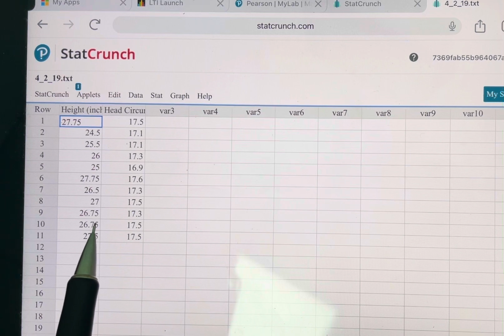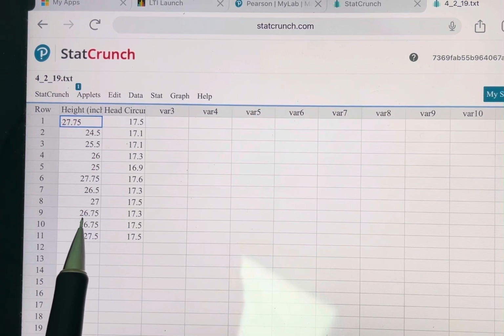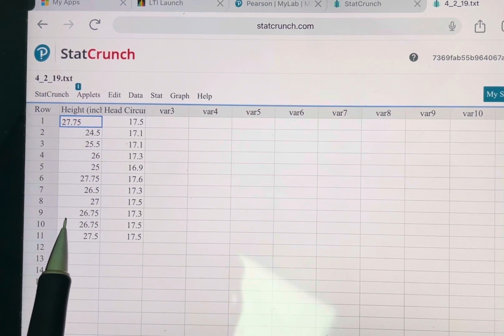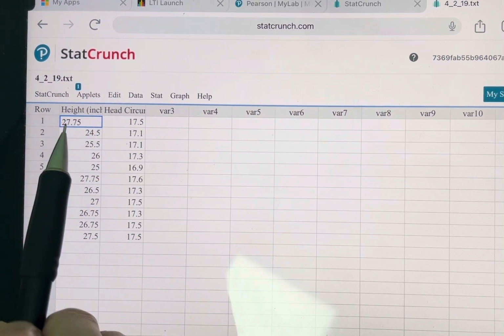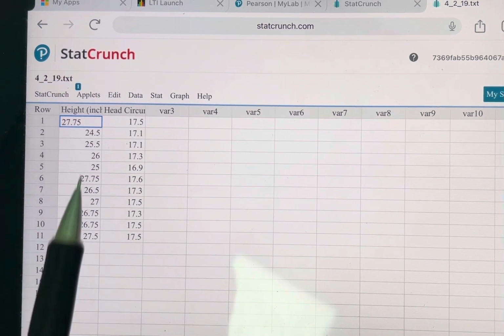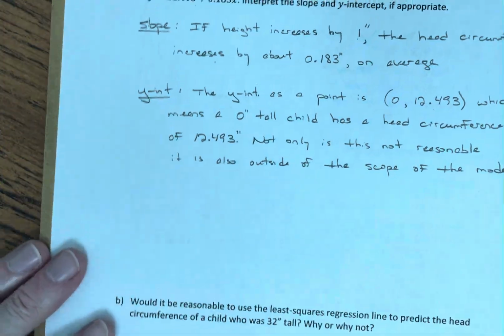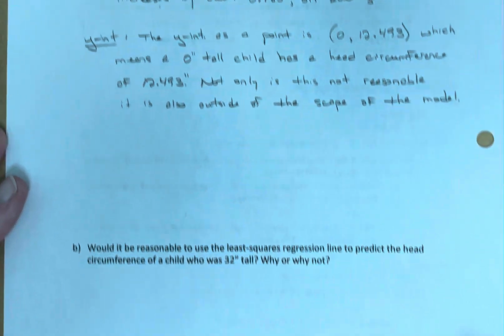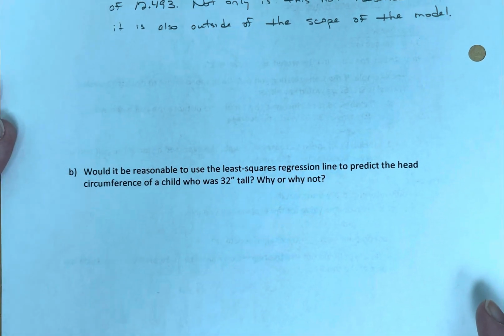So there's no data point anywhere near a height of 0 inches. So 0 inches is outside of the scope of our model because it's not within our data set, and we can't use it to make predictions because we don't have any data close to that. So not only does it not make any sense, it's also outside of the scope of our model.